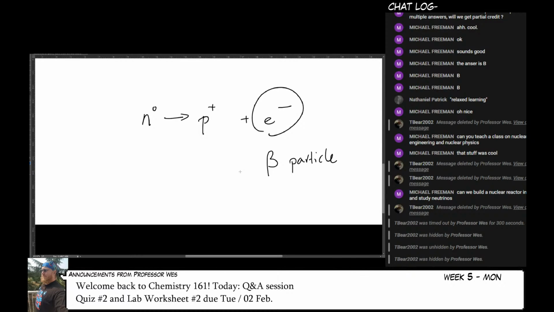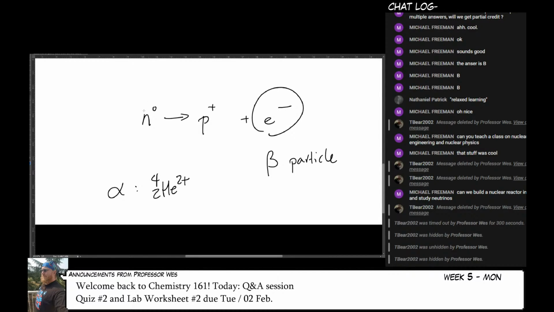So that's one thing that happens in nuclear chemistry. There's other particles too. So we already talked about an alpha particle, which is this. And then a gamma ray is just light. What other fun things can happen?